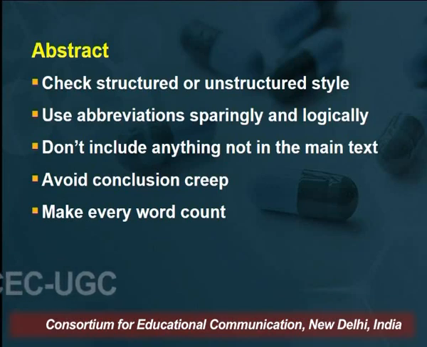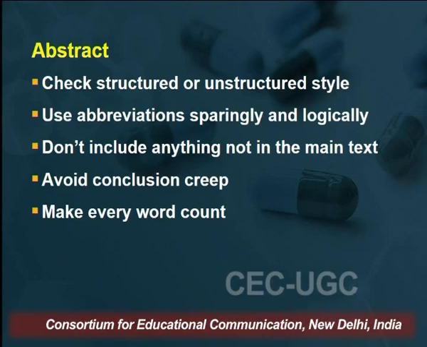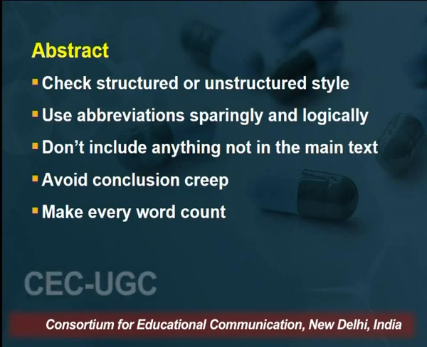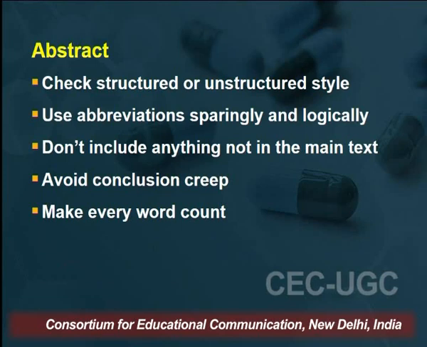Use abbreviations sparingly and logically. Generally, abstracts should not have any abbreviations. Because of the word count, you can't first specify in full and then define the abbreviation. That is not possible. And without defining it at first go, the abbreviation should not be used.